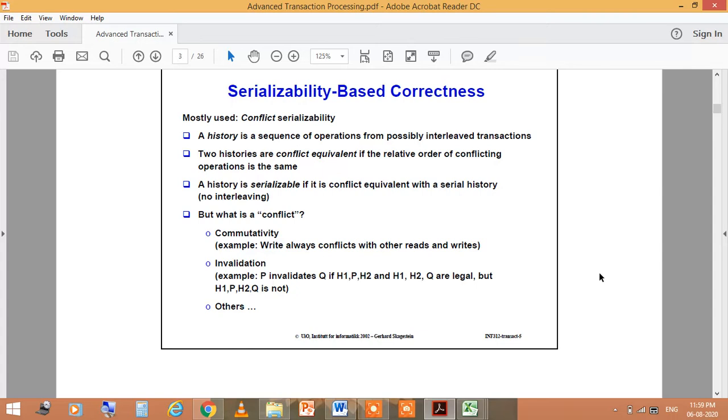Conflict means, if you are talking about commutativity, a write always conflicts with other reads and writes. If you are talking about invalidations, it means that P invalidates Q if H1 P H2 and H1 H2 Q are legal, but H1 P H2 Q is not valid. It is legal but it is not valid, and there are also some other conflict examples.